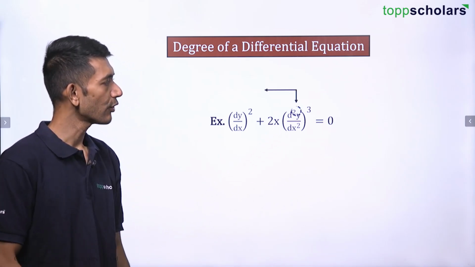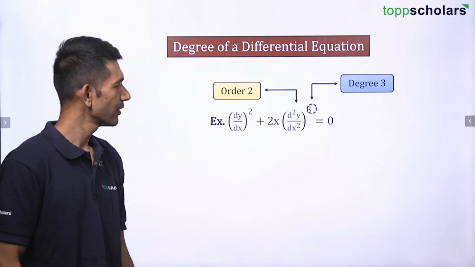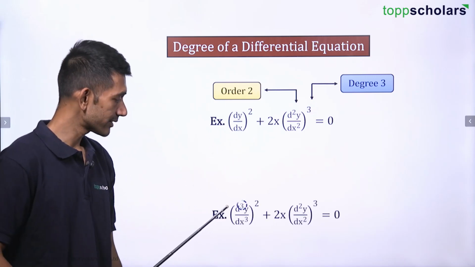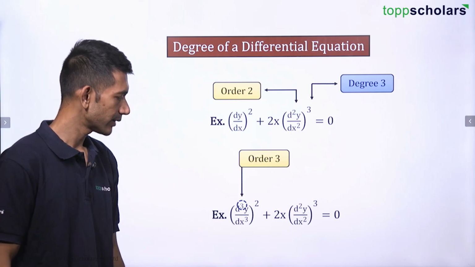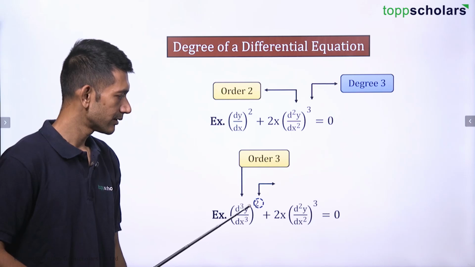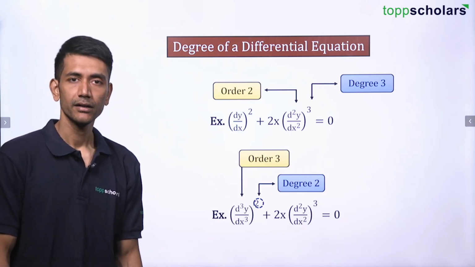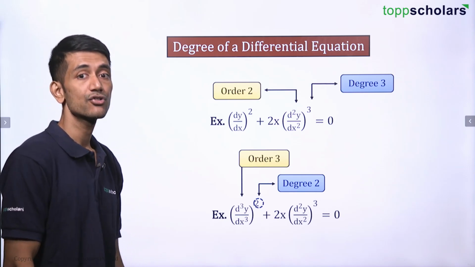So here the order is 2 and the degree is how much? The degree is 3, right? Order 2, degree 3. Order 3, degree 2, right? Order 3, degree 2. Have a look at this. 2 is the degree, correct? So in this way you can identify the order and degree of the differential equation, right?